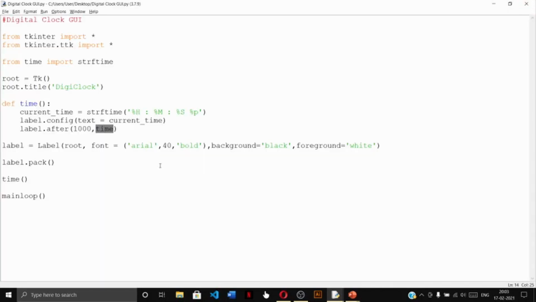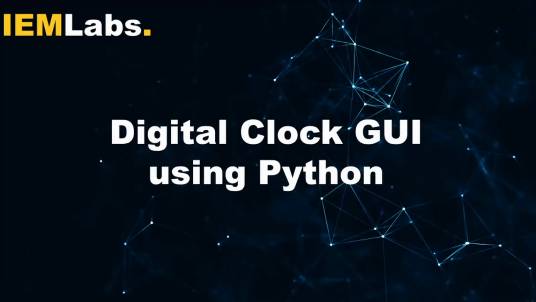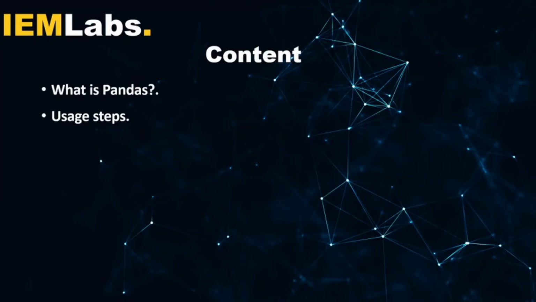So after each second, the second is getting changed, and %p determines the AM or PM part of our time. So this is how you can create a graphical user interface using Python.